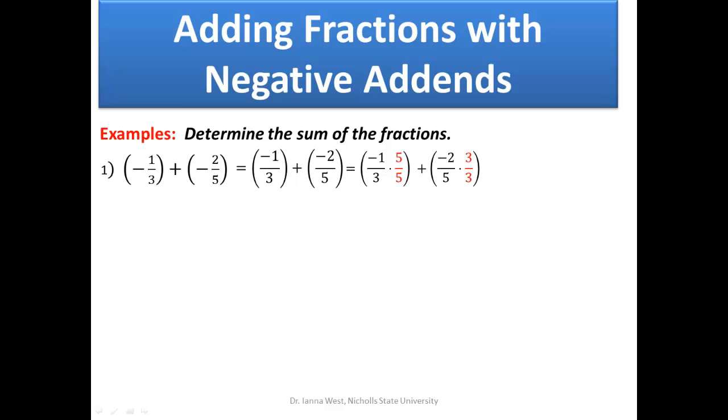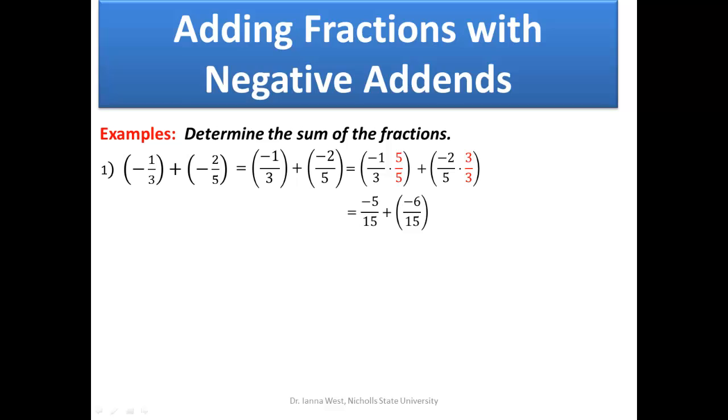Keep in mind, when you multiply a negative times a positive number, you get a negative result. So when we multiply the numerators and multiply the denominators here, we get negative 5 over 15 plus negative 6 over 15. Now this is where adding the negative add-ins comes into play.